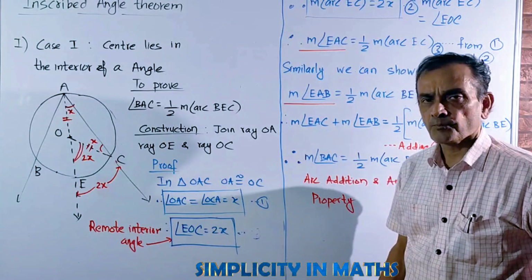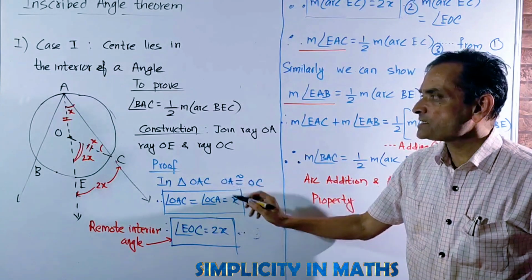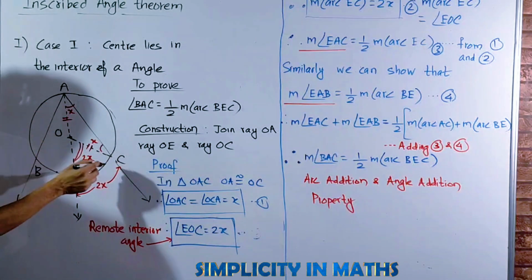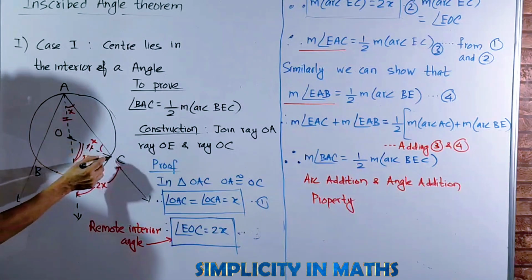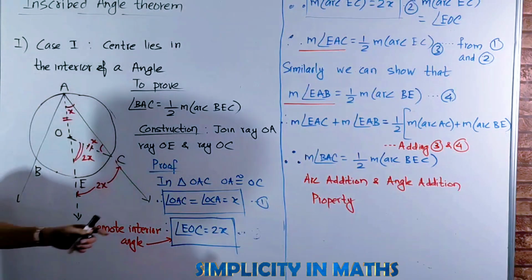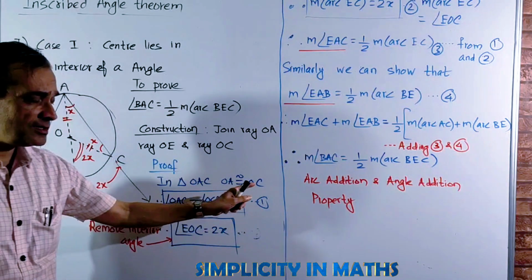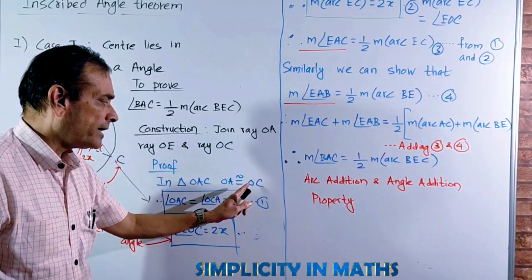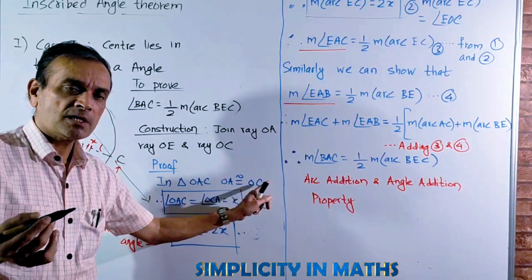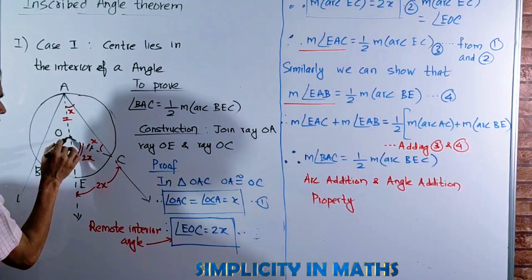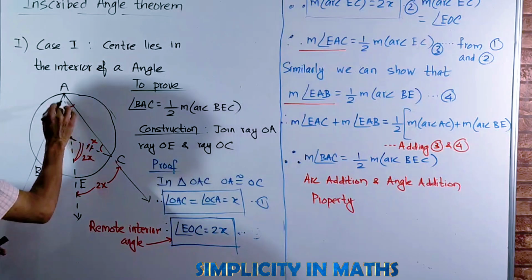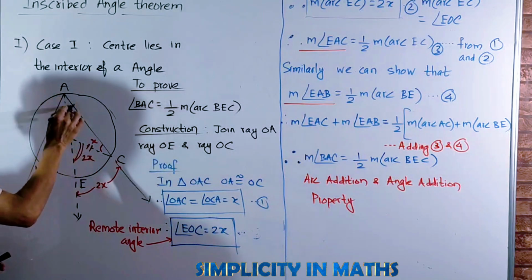Now see, in triangle OAC, OA is congruent to OC. You know the reason? Write the reason later, I haven't shown it, we'll just discuss it now. OA is congruent to OC, your favorite reason: radii of the same circle. So triangle OAC becomes isosceles.